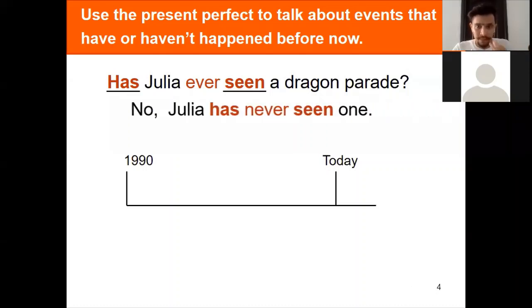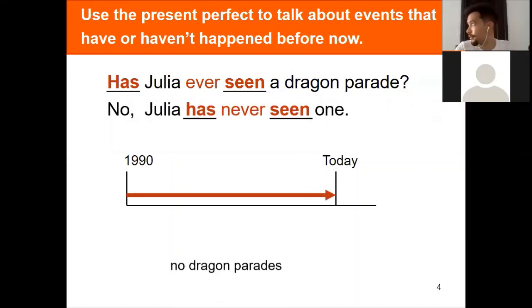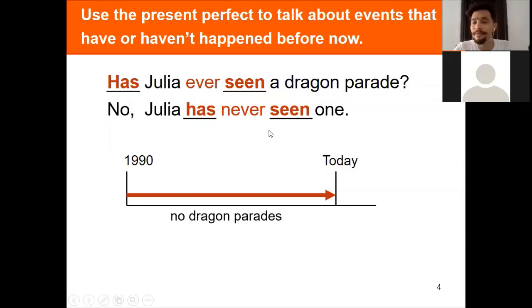Let's begin with a negative answer. It says here, no, Julia has never seen one. What does it mean, has never seen one? Let's say that the Dragon Parade started in 1990, right? And since 1990, she hasn't seen Dragon Parades. She didn't see them in 1990. She didn't see it in 1991.